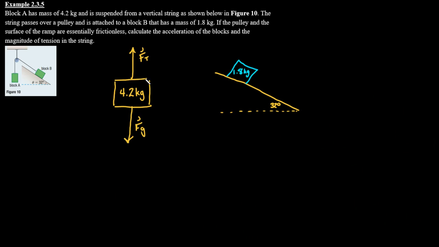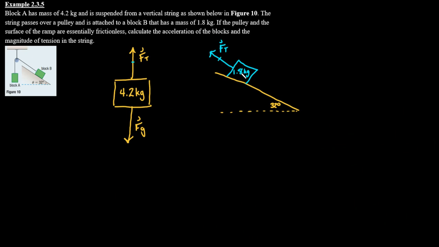Okay, same over here. We know we have some force of tension that's going to act up in this direction, right? And remember, tension is equal. So these two are technically going to be equal to each other, just in opposite directions.